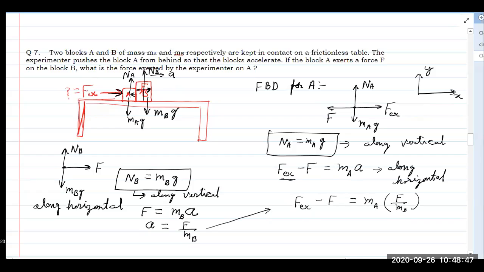If we solve it, we get F external equal to F plus MA by MB into F. Simplifying, F external equals F times (1 plus MA by MB). In this way we can find the value of the external force.